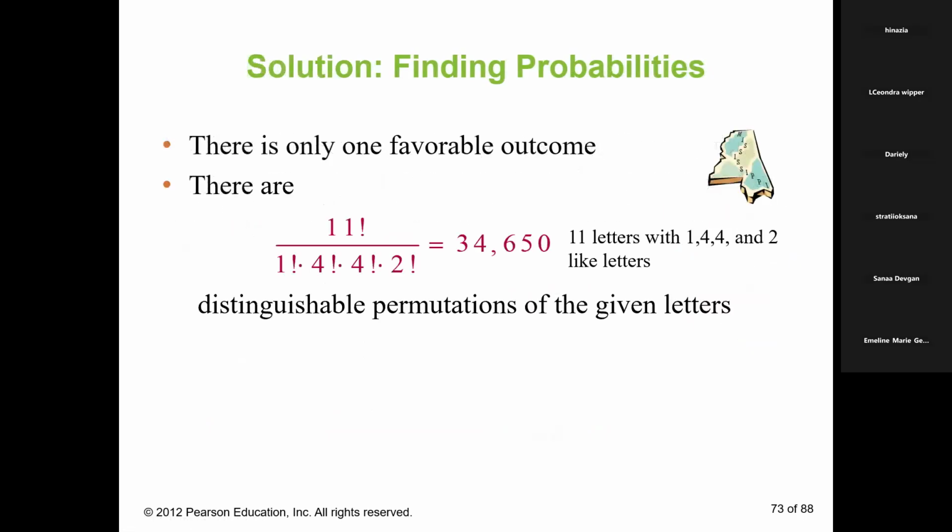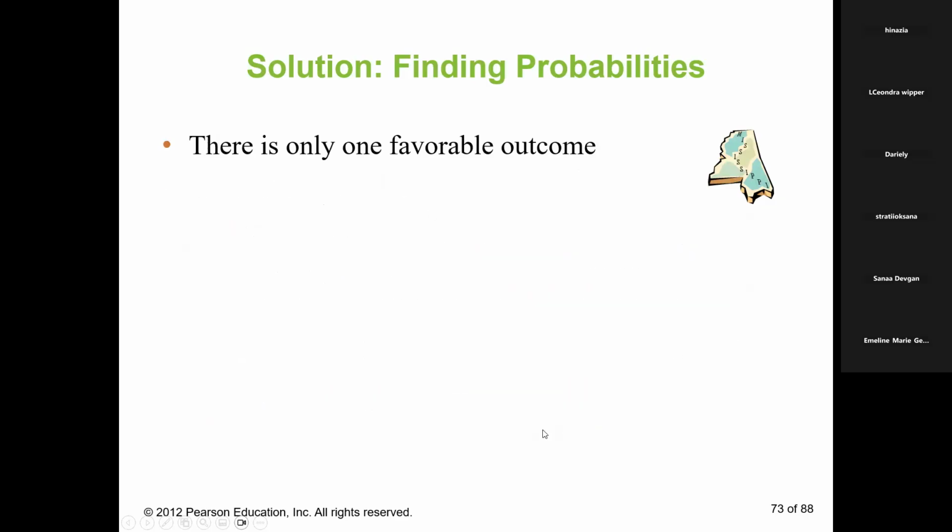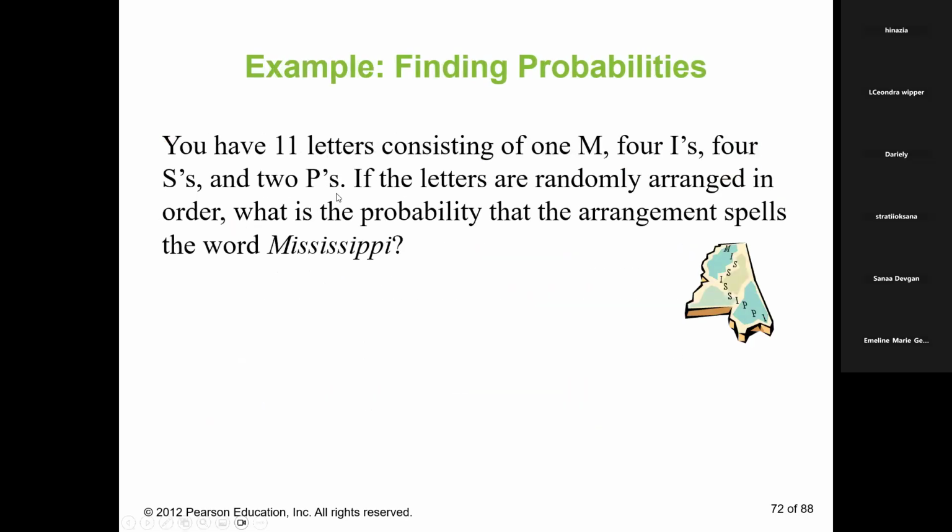I think we just solved this problem earlier. All right, so suppose you have 11 letters consisting of 1 M, 4 I's, 4 S's, and 2 P's.